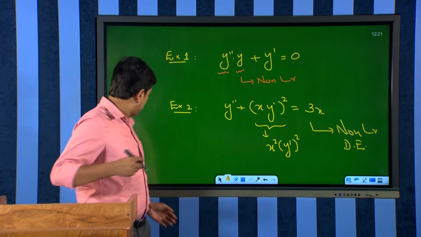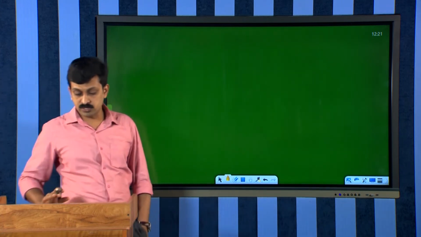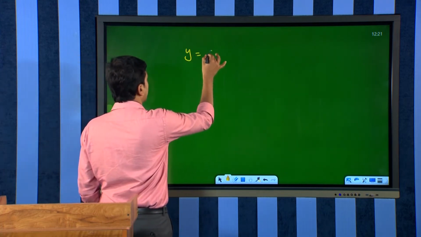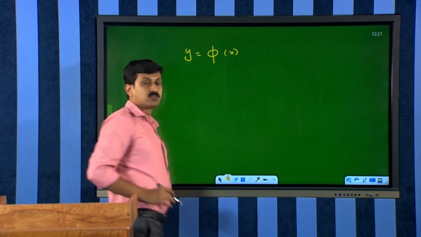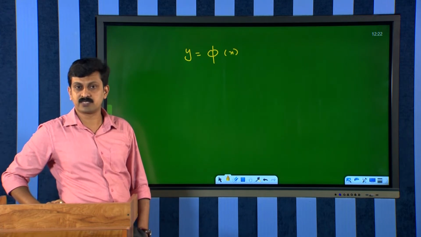Now, as we did in our first order differential equations, our thought is how can we solve a differential equation, and what is the solution of a differential equation? We know that y is equal to a function phi of x is a solution of a differential equation if it satisfies it.